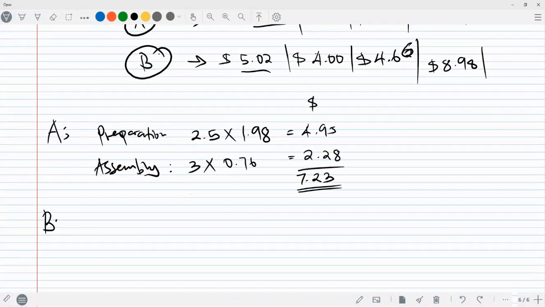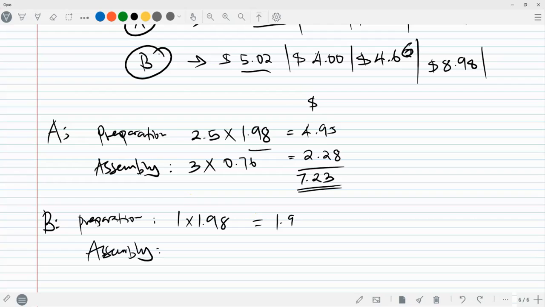Okay, we do the same for B. Preparation department, and of course the assembly department. For B, the number of labor hours it takes is 1 hour times the rate, which still remains at 1.98. The labor hours it takes in the assembly department is 4 hours.